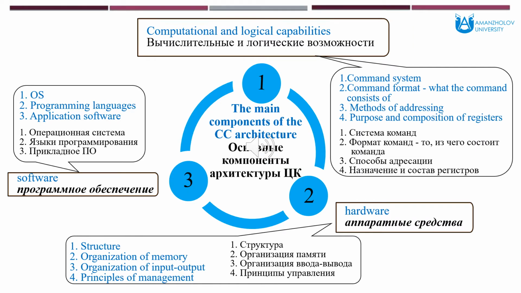The main components of the CC architecture: computational and logical capabilities, command system, command format, what the command consists of, methods of addressing, purpose and composition of registers.